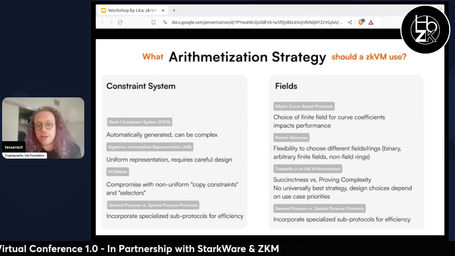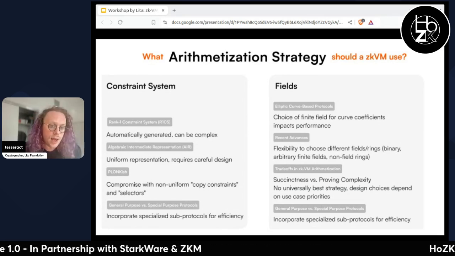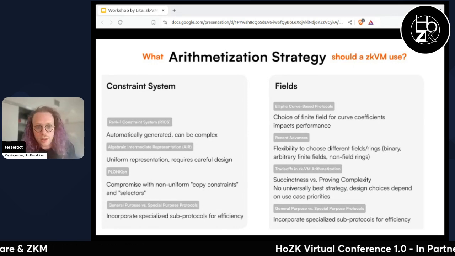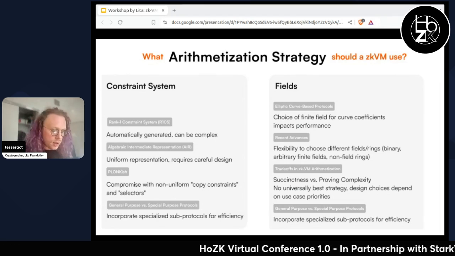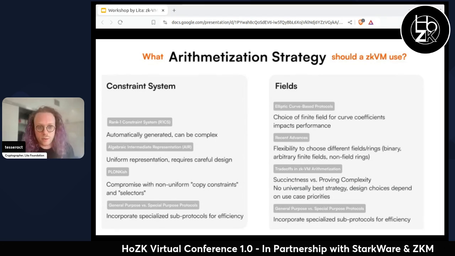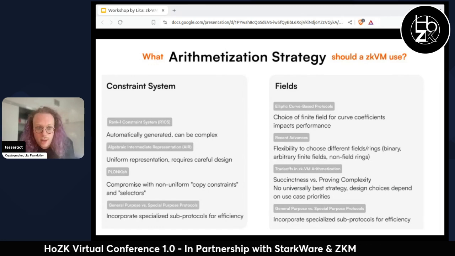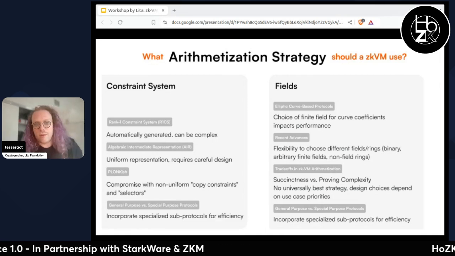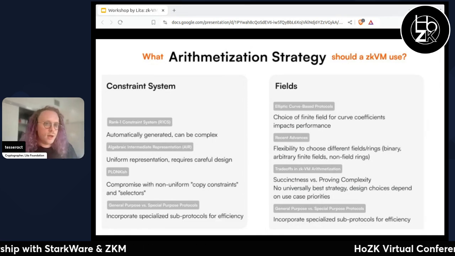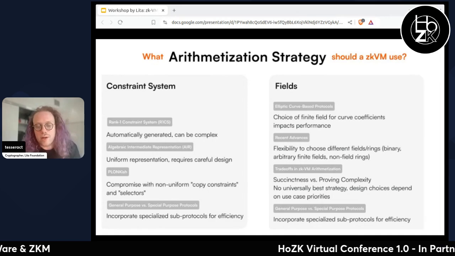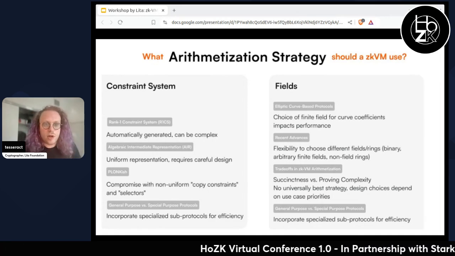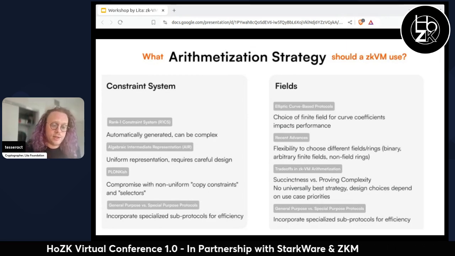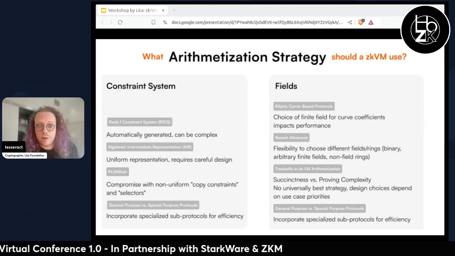The way that we decide to do it is using the AIR, algebraic intermediate representation, constraint system. This is historically associated with STARKs, and Plonky3 is a STARK, although there's no real intrinsic relationship between this particular constraint system and STARKs themselves. However, this constraint system is really well optimized for zkVMs in particular.